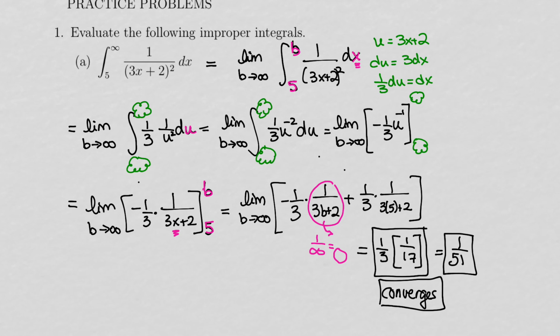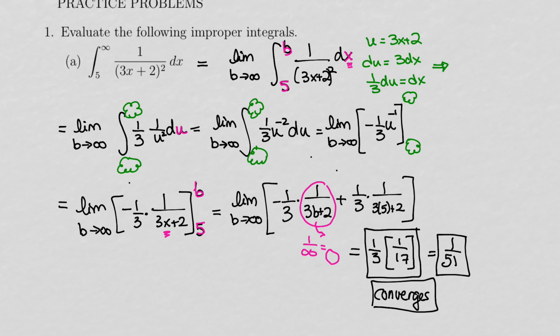Now, in Calc 1, we did it 2 ways. We did it this way, where we ignored our limits for a little bit, but then we also did a change of limits. See if this makes sense. I don't know if you remember because it's been a long time, but we also did something like this, top u and bottom u.